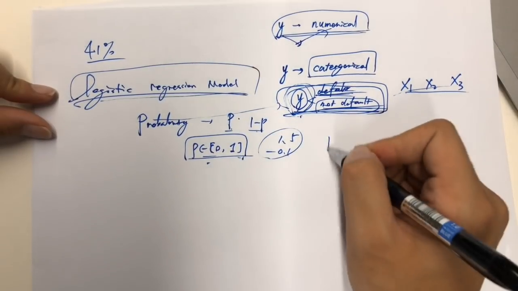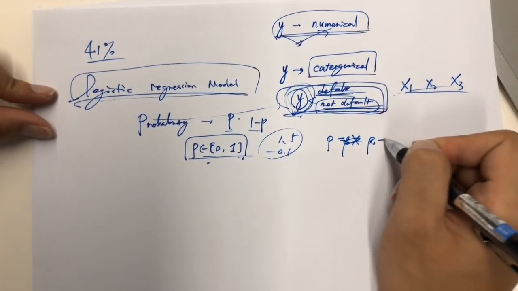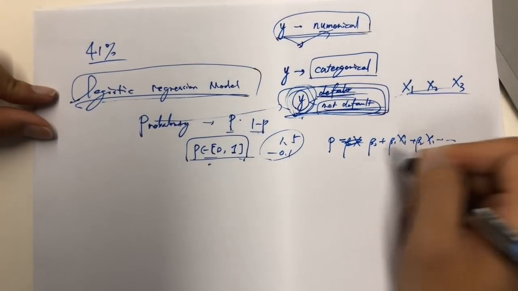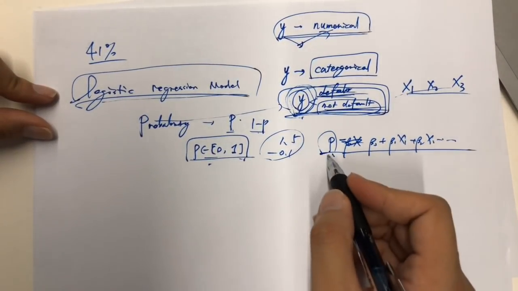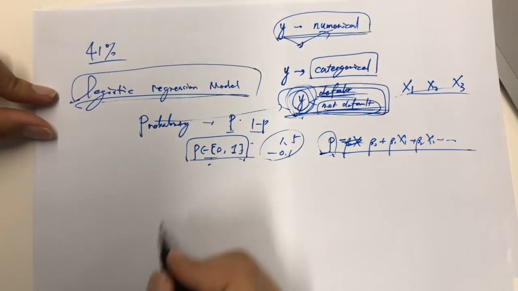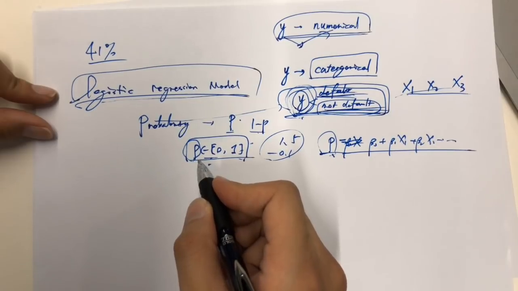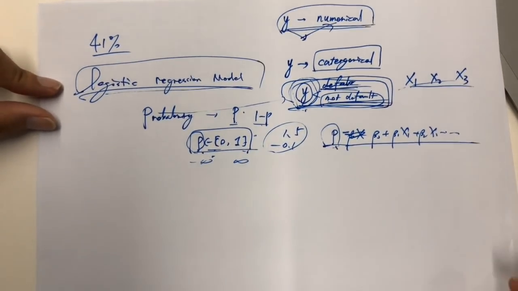Because if we regress p on beta 0 plus beta 1 x1 plus beta 2 x2 and so on, we can easily get a p that exceeds 1 or is below 0. So we're trying to convert this p to have a value from minus infinity to positive infinity.